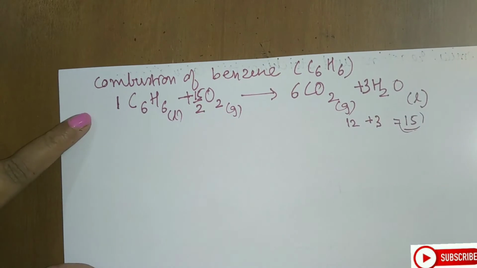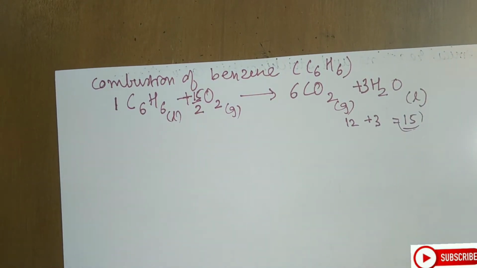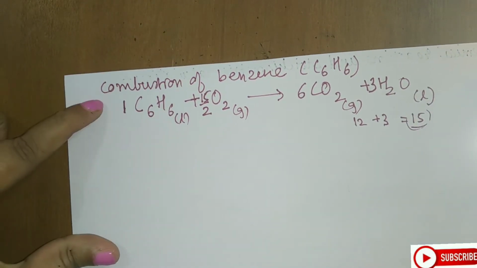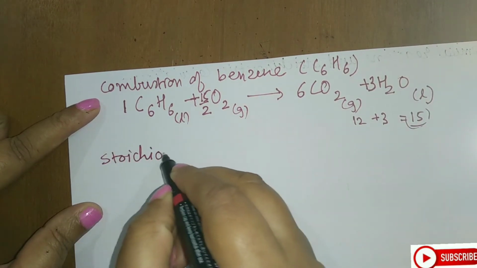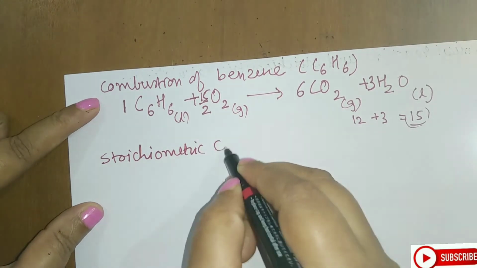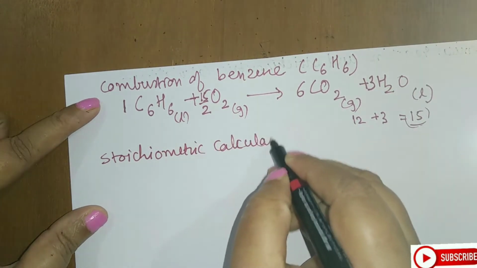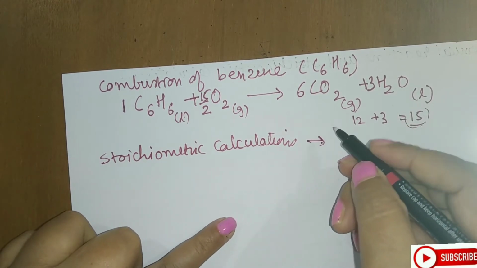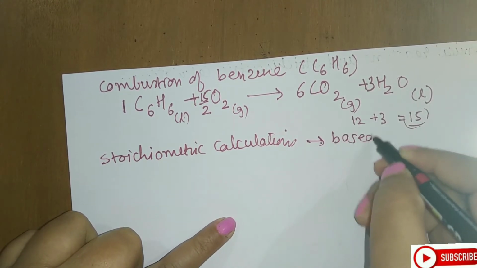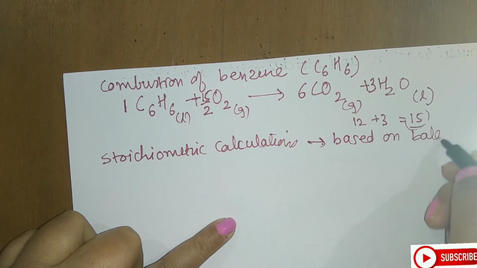Next very important thing is how to make the relations. Now students, what are actually stoichiometric calculations? Stoichiometric calculations are the calculations which are based on a balanced chemical equation.